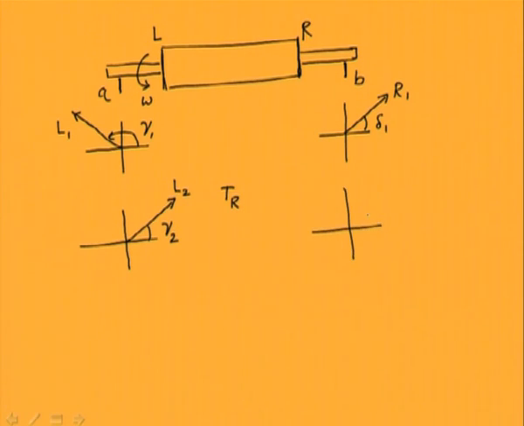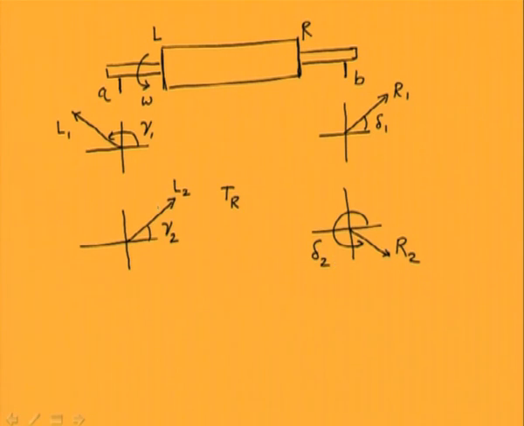Similarly, in the right bearing we got the measurement R2, and its phase is delta 2.